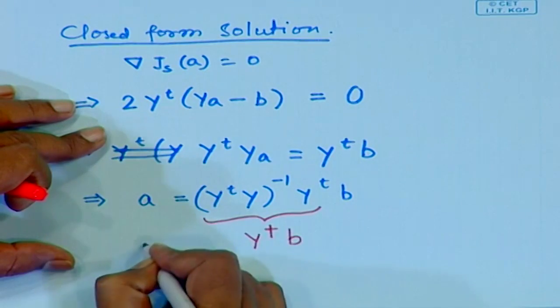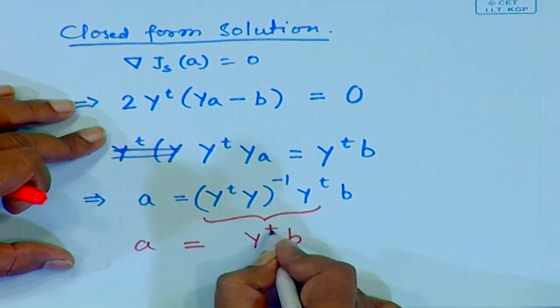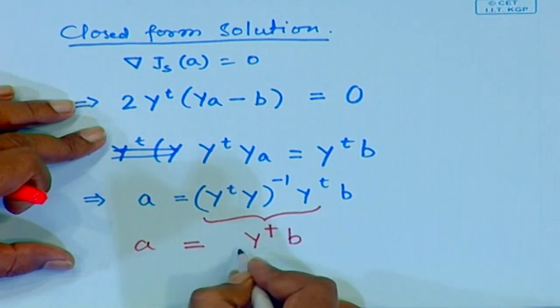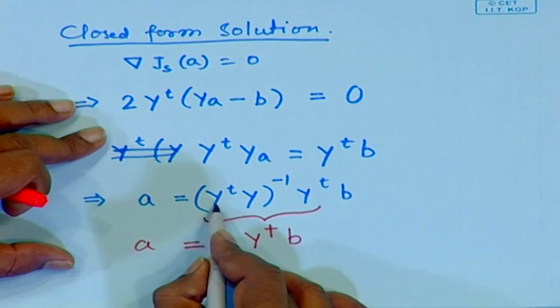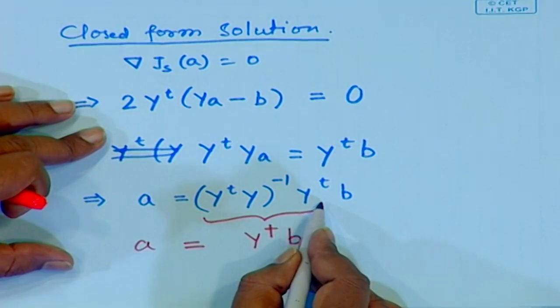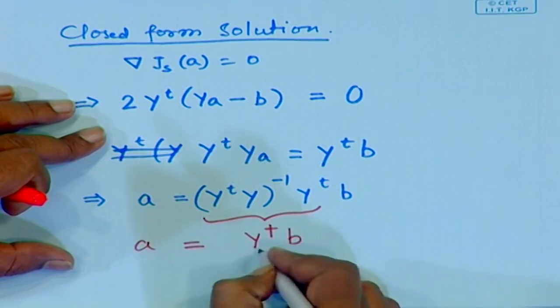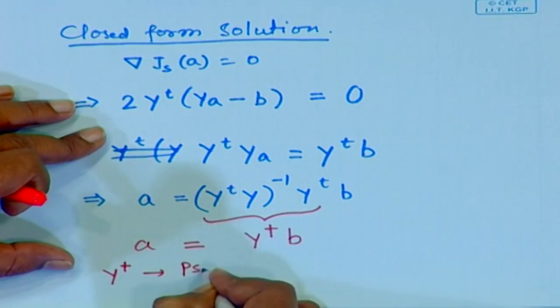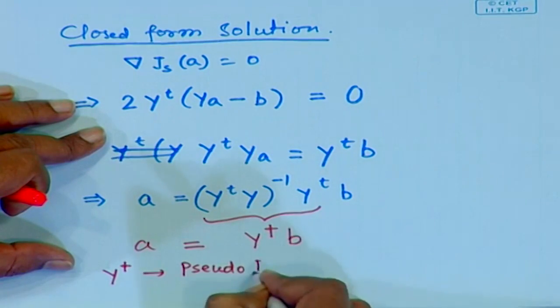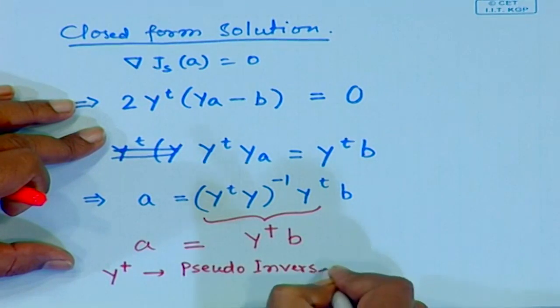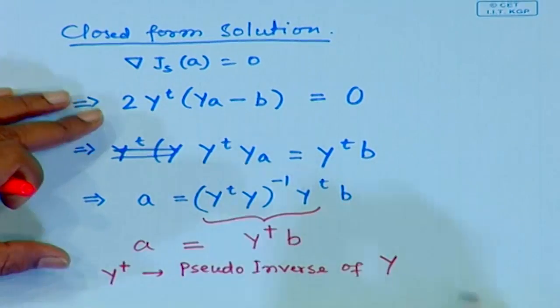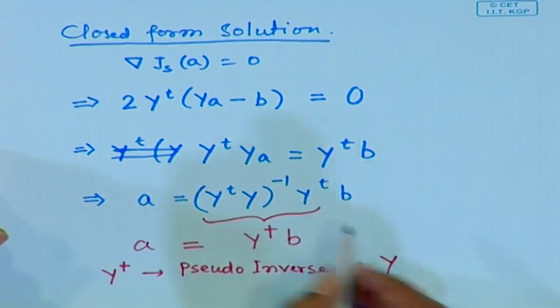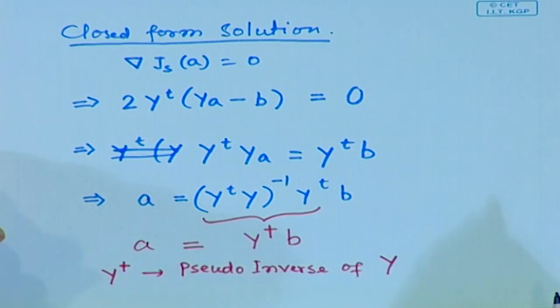So, I get A is equal to y plus b, where y plus is the pseudo inverse of y, and pseudo inverse is defined as (y transpose y) inverse into y transpose. And you find that if y is square and non-singular, in that case the pseudo inverse will be the same as the regular inverse of y, that you can verify.